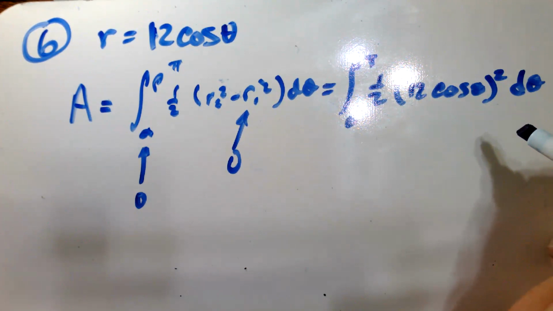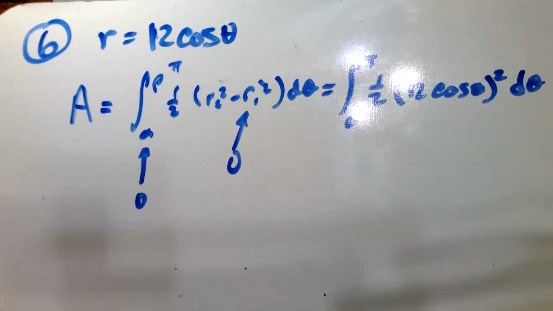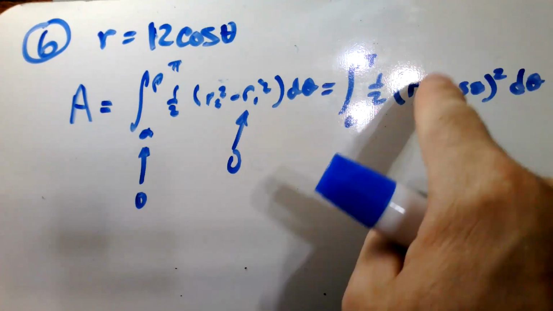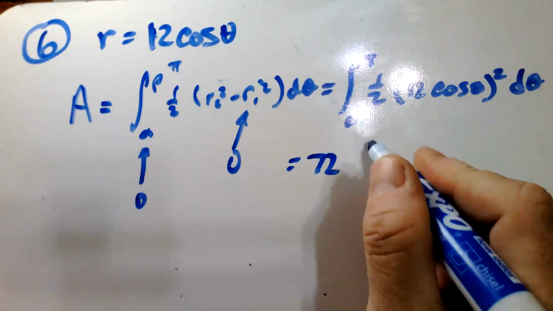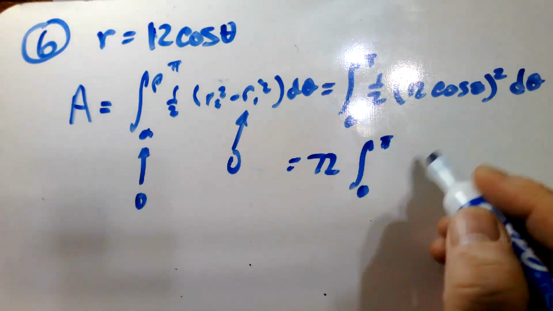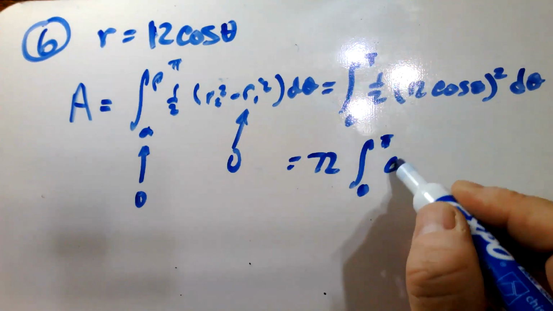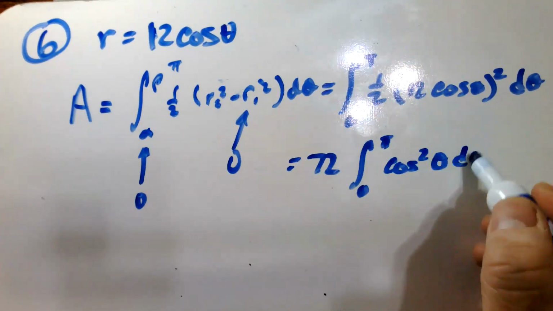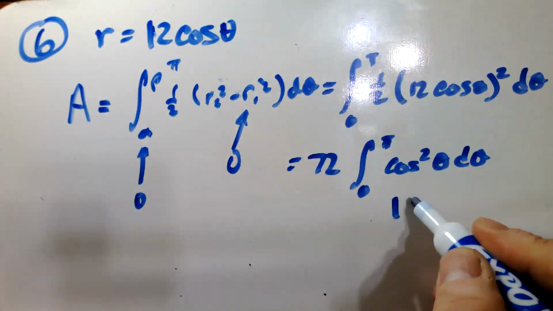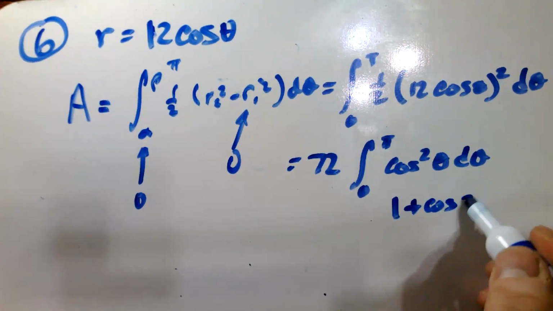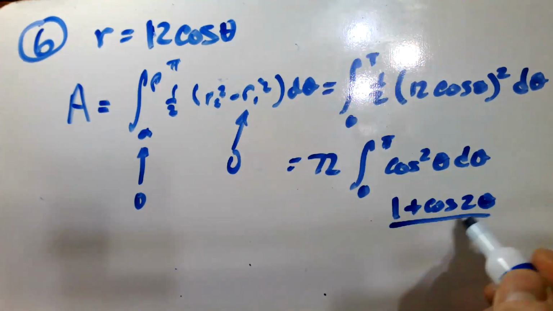Okay. So 12 squared is 144. Half of that is going to give us 72, the integral from 0 to pi, and then cosine squared theta d theta. If I integrate this, I'm going to use the power reduction. So 1 plus cosine of 2 theta divided by 2.